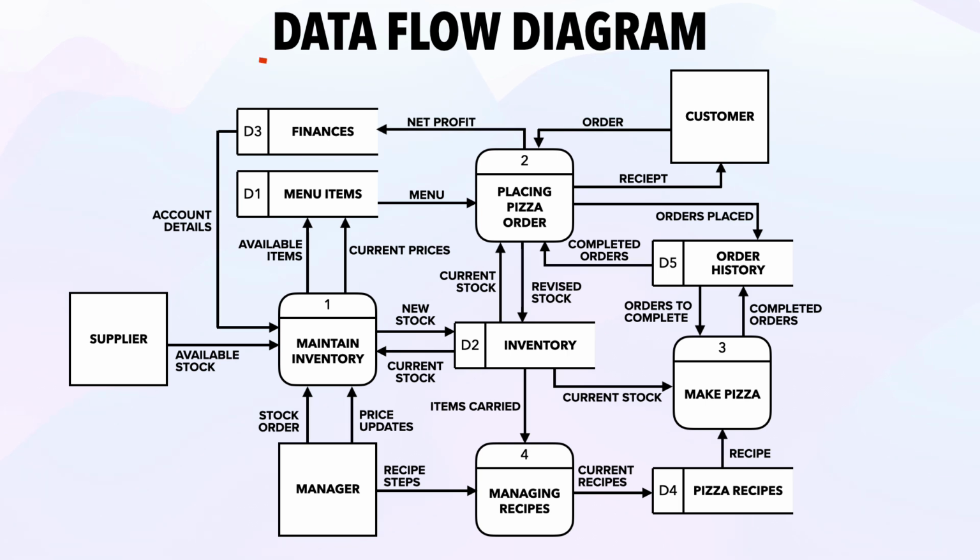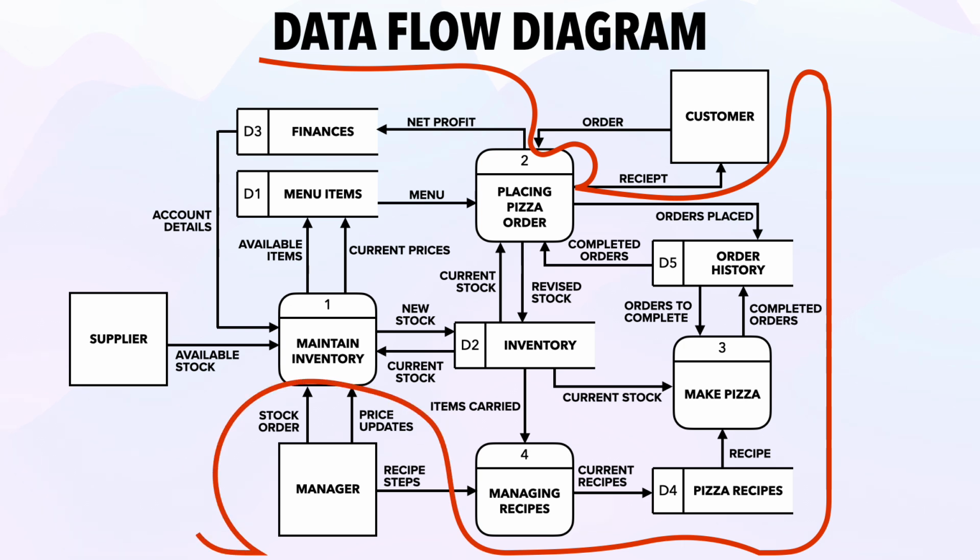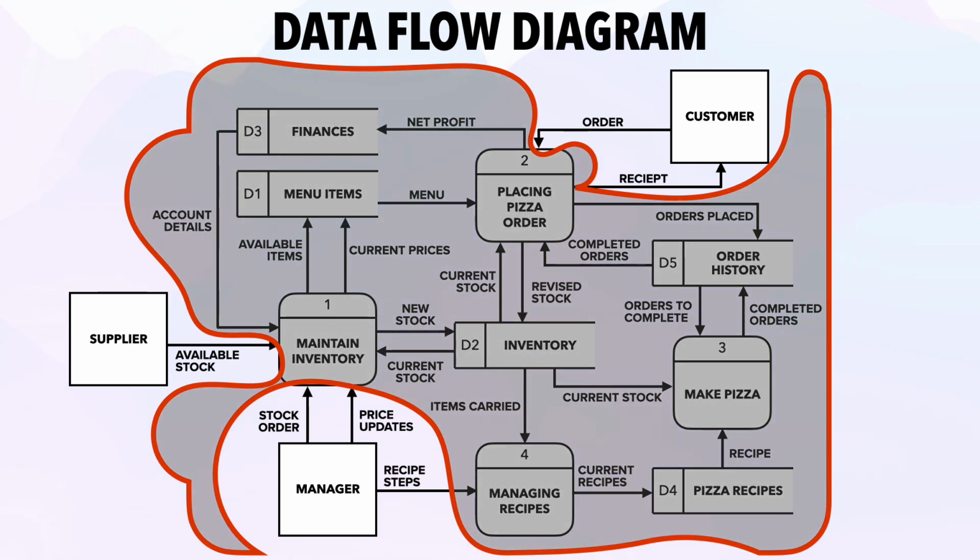Now I'm going to draw a border around everything here except for the inputs and outputs for the actors that we have up here. And I'm going to shade this in because what we have inside this gray cloud, I know it's a terrible drawing, but it's the best I could do, is really all of those processes and our data stores that are a part of this pizza ordering system.